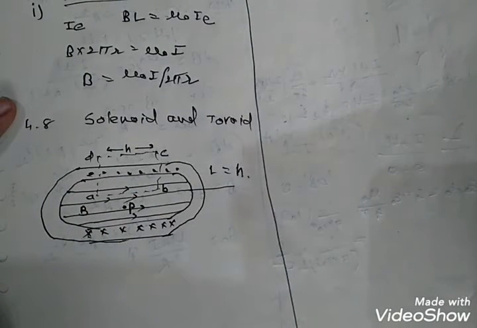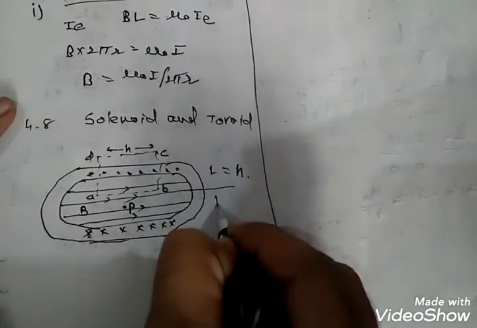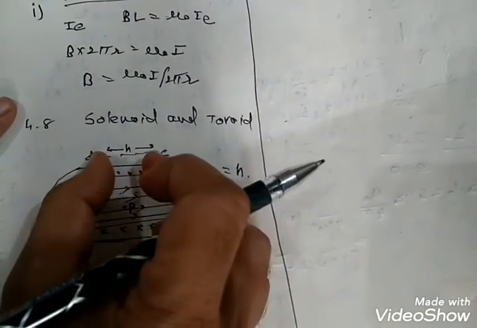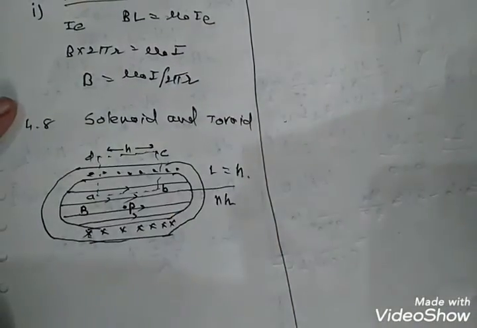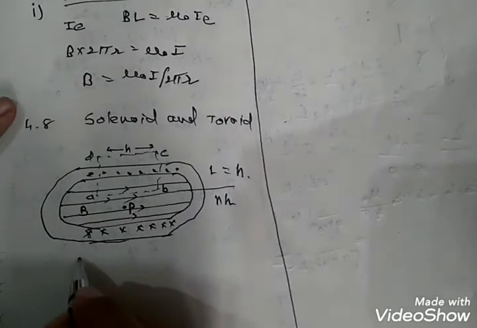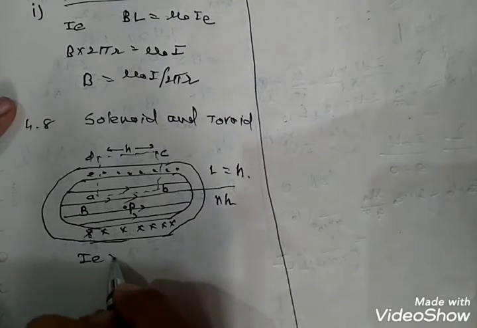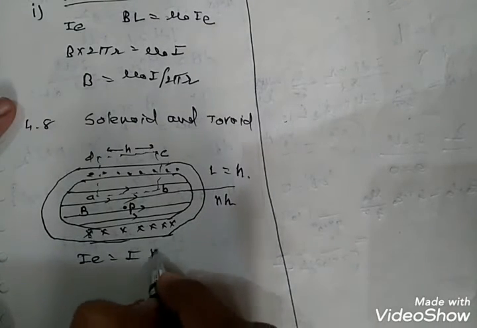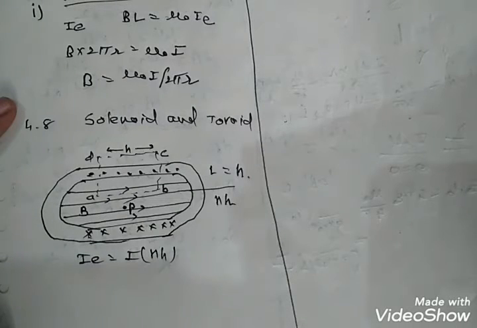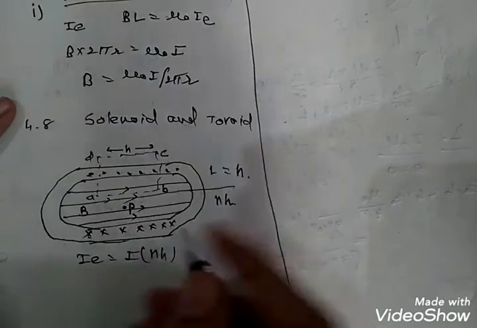The total number of turns is n into h, because the total length is h. The enclosed current is I_e equal to I into n h, where I is the current in the solenoid.